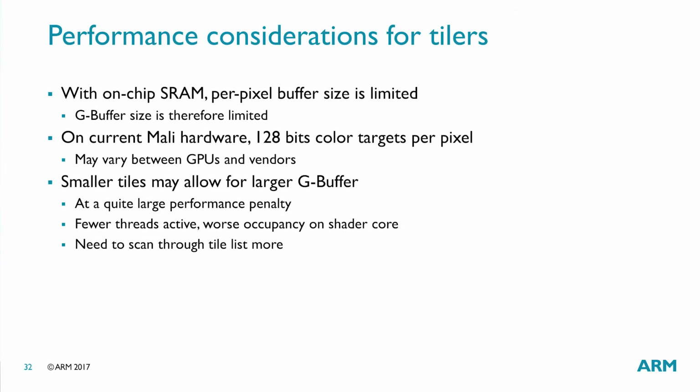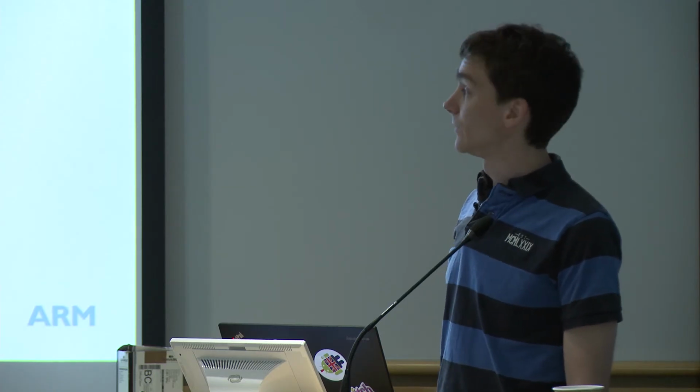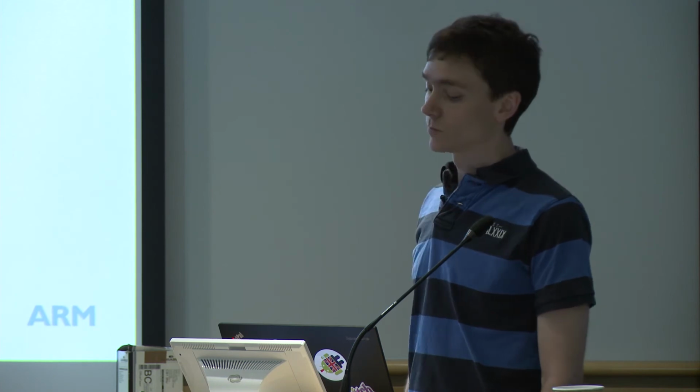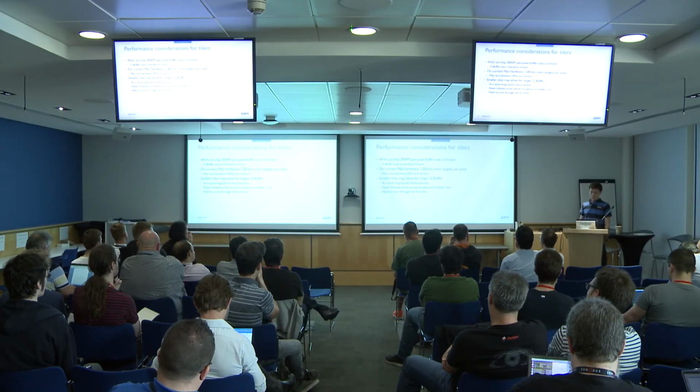So some performance considerations for tilers. On-chip memory is very limited, which also means that the gbuffer size is limited. Note that, for instance, depth and stencil are stored separately, so that helps a bit.